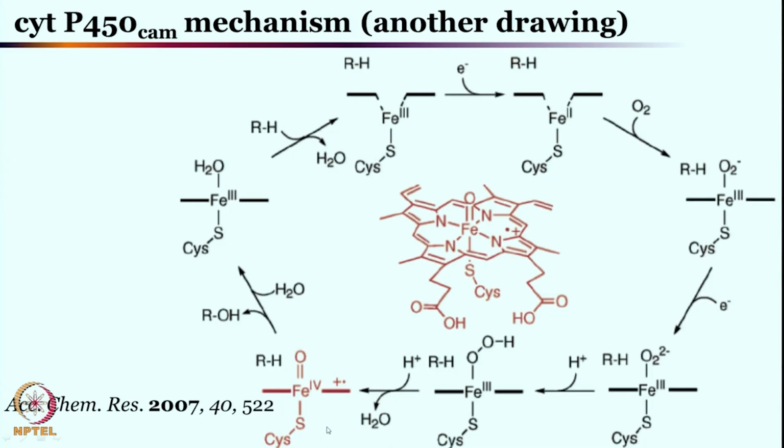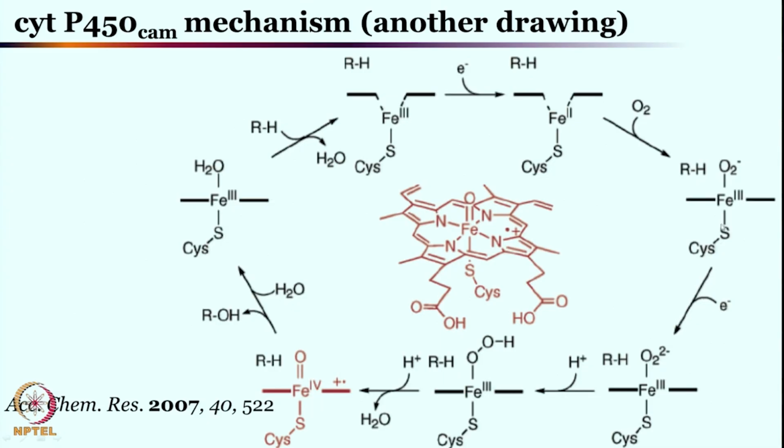Now you must be wondering what is the difference between, let us say, hemoglobin, myoglobin and cytochrome P450. Of course, in case of hemoglobin and myoglobin you have up to this iron superoxo species, but none of these steps are happening in hemoglobin and myoglobin.